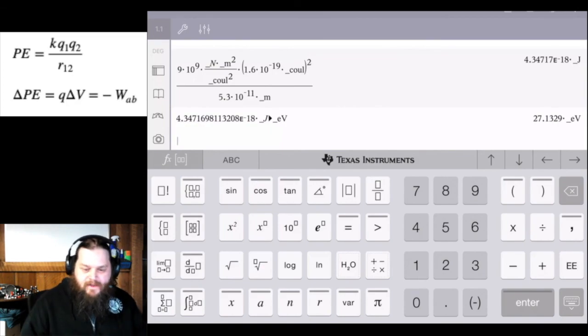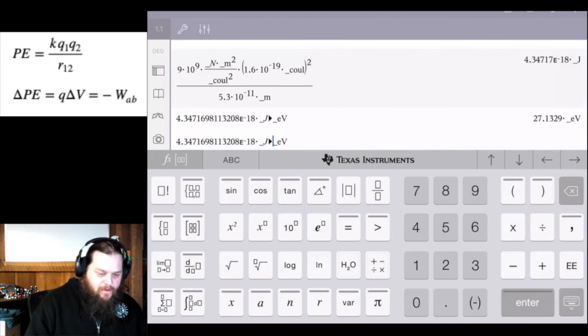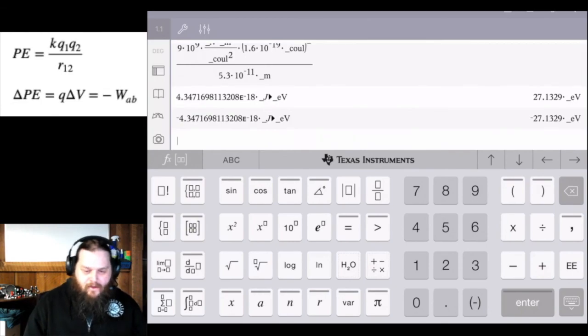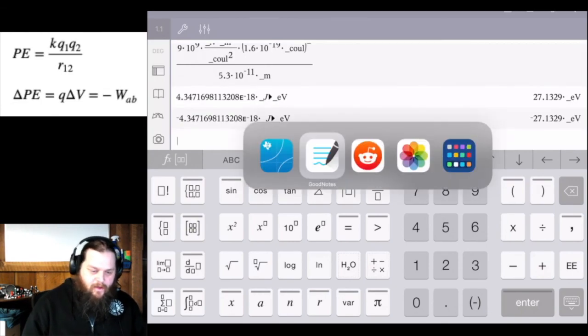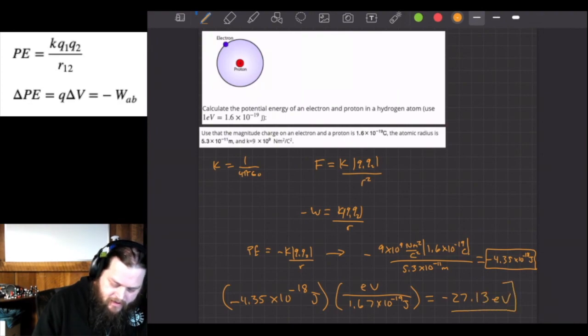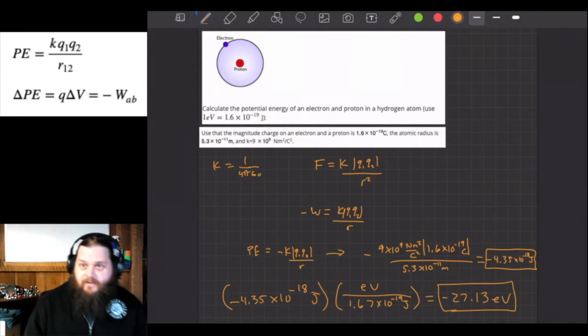That's going to be 27, and again, this should be a negative. So that's equal to negative 27.13 eV. And that's going to be the value in electron volts.